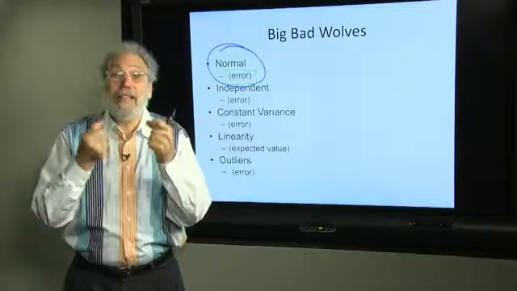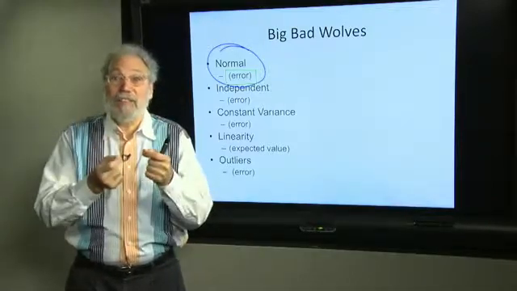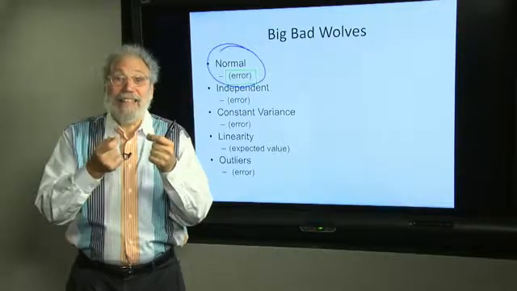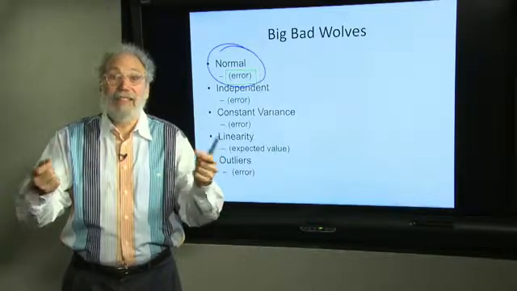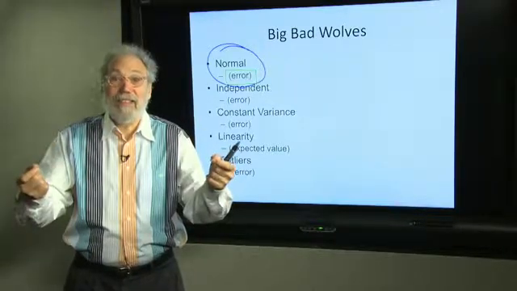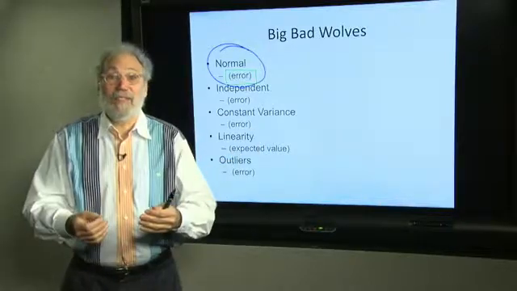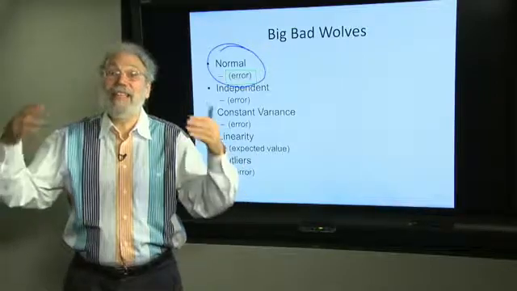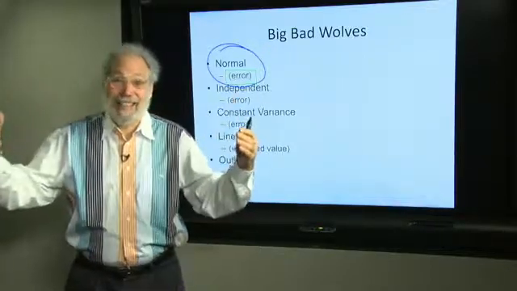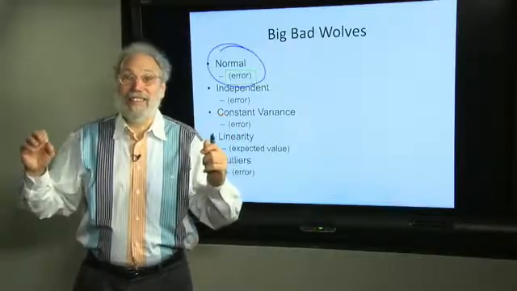So there's a big difference between the data being normal and the errors being normal. Hopefully if you have the right predictors, the right exposure variables, you can explain the non-normality in whatever outcome you're looking at, and your errors will still be normal.